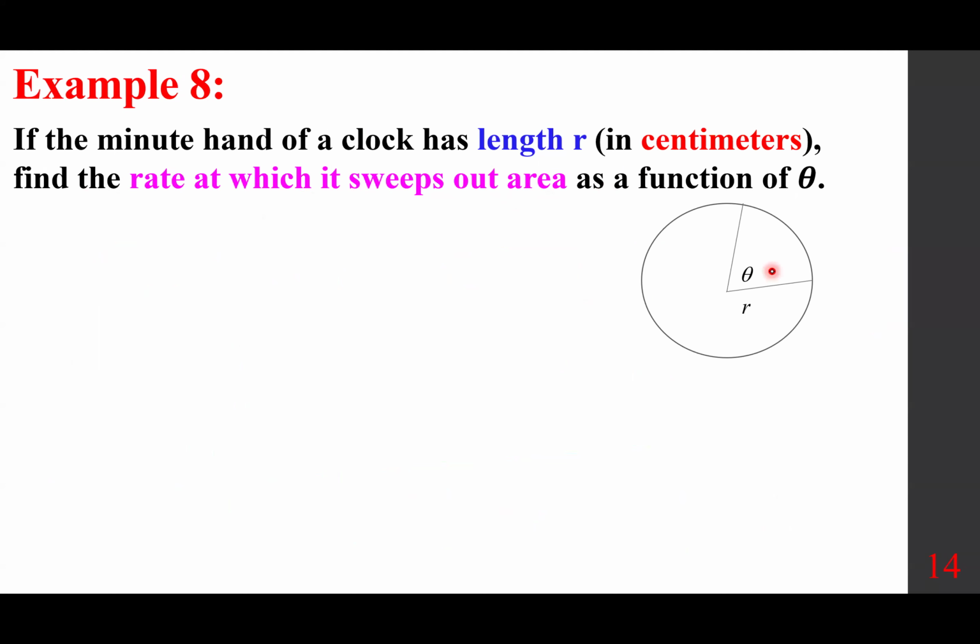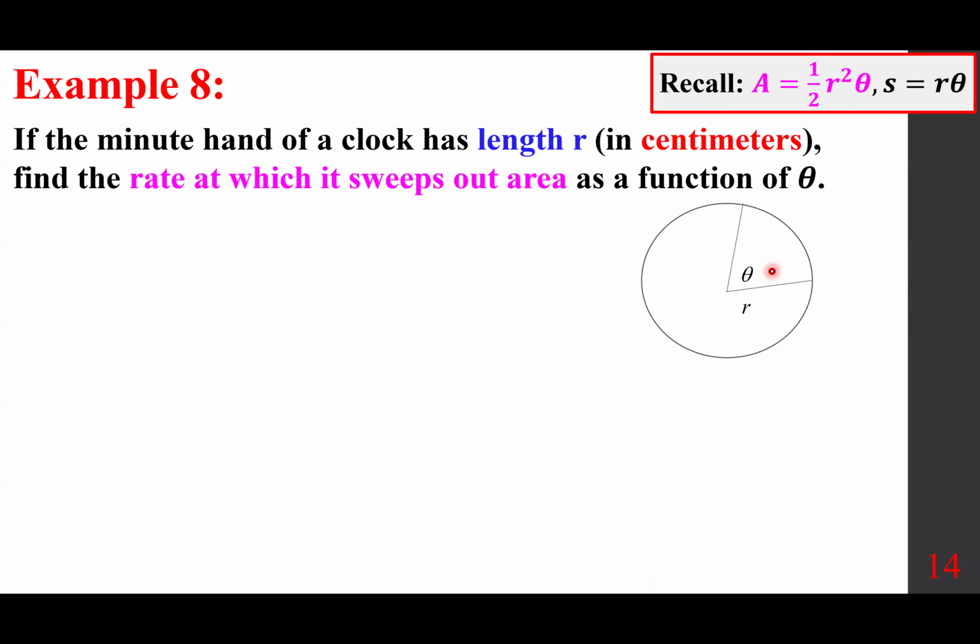And we should know that the area of a sector is 1/2 r squared theta, and S equals r theta. So this is S. This is the area we're talking about, okay?